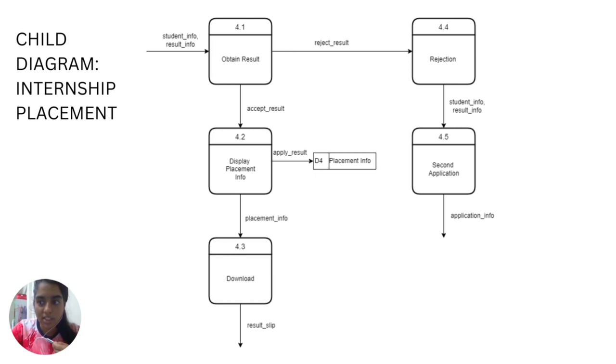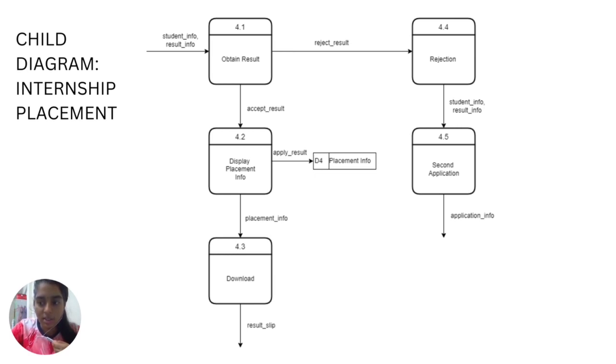First of all, I will explain the context diagram for the internship placement process. The process of internship placement starts with the students obtaining their internship result via the system. The system displays the placement information of that particular student. The placement information will be kept in the data store D4. Then the student can download their placement result slip, which contains their placement information.